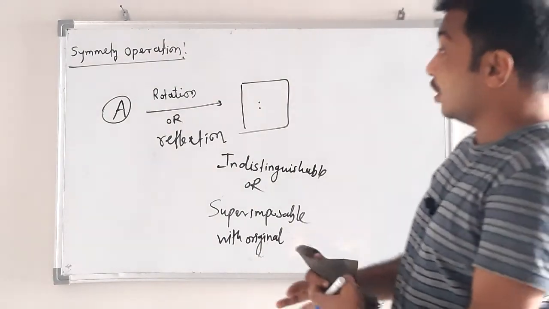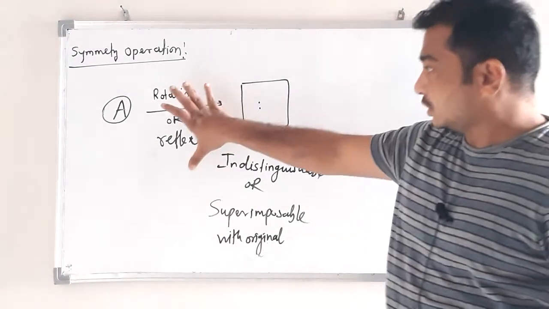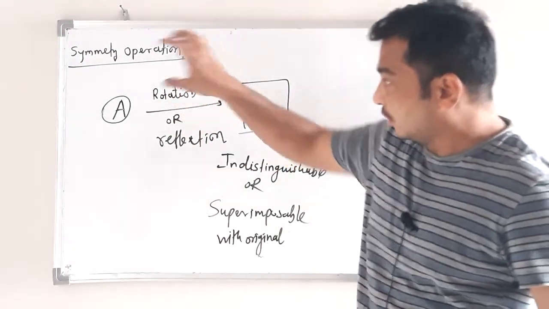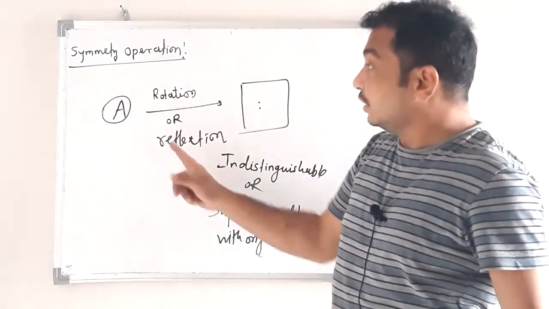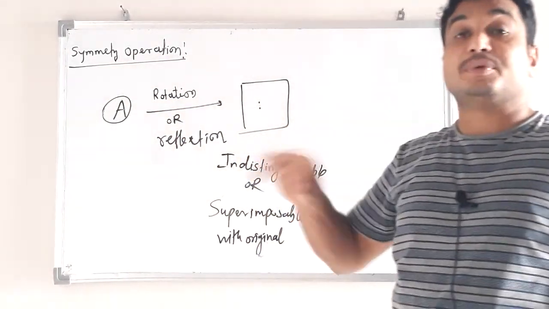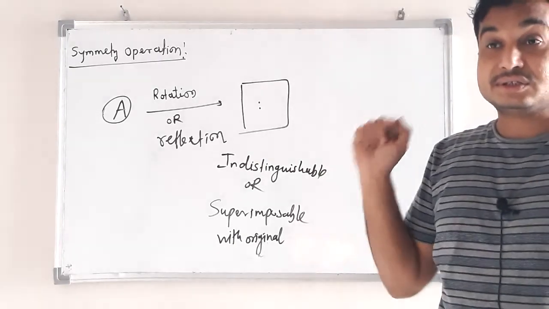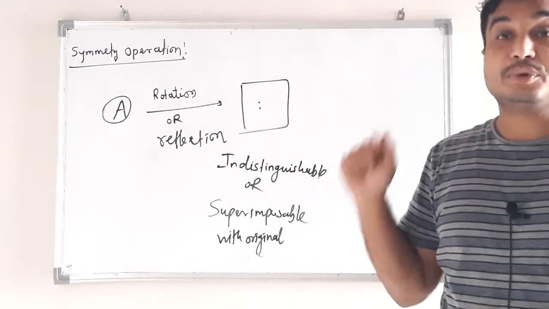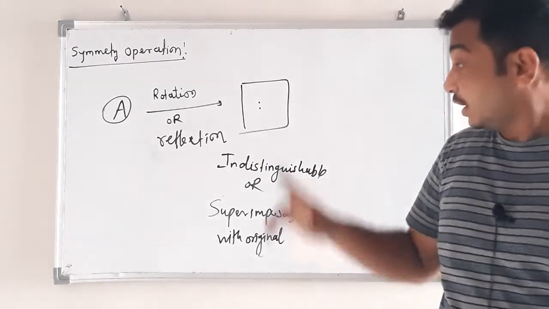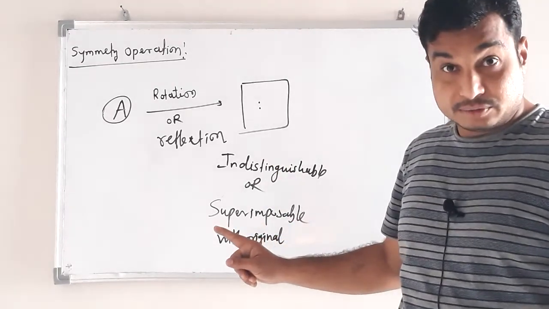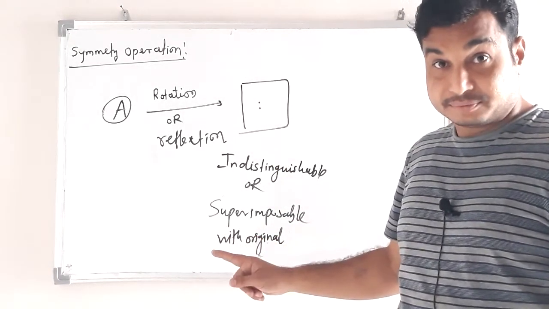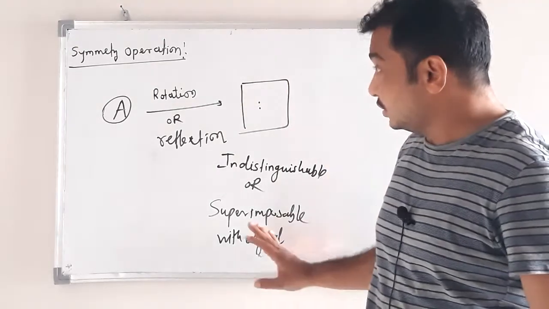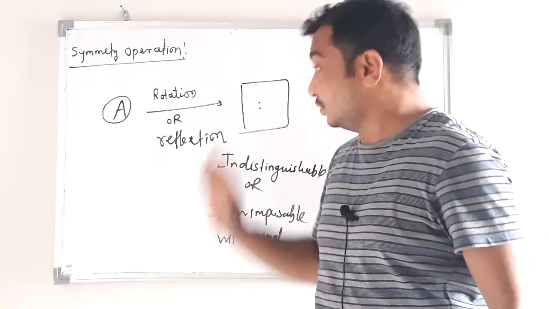Then whatever activity we have performed on this molecule is said to be a symmetric operation. Okay, indistinguishable. Right?